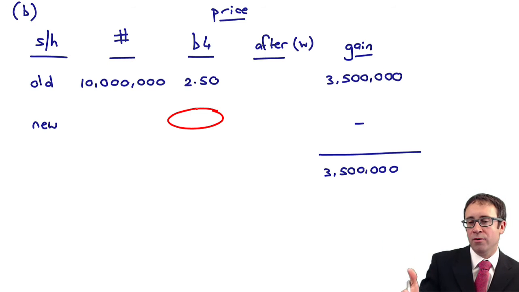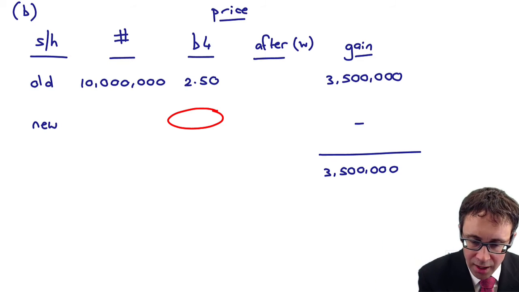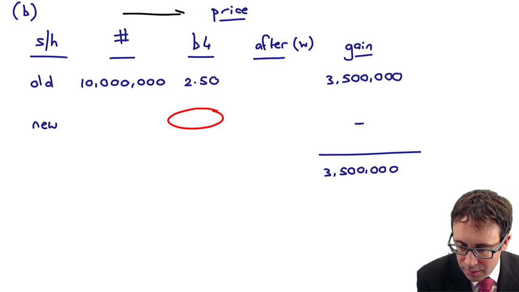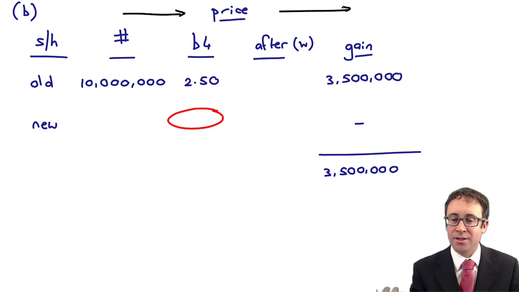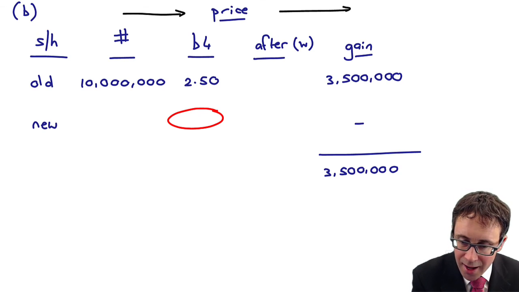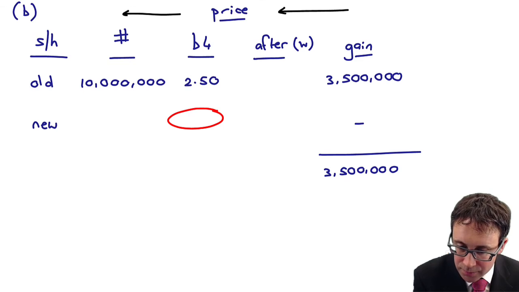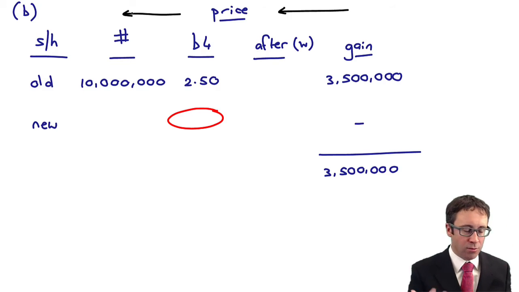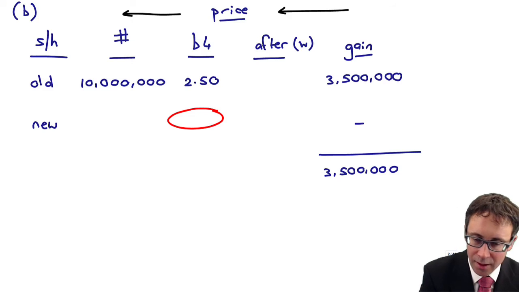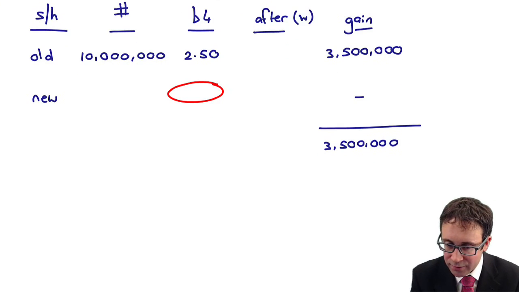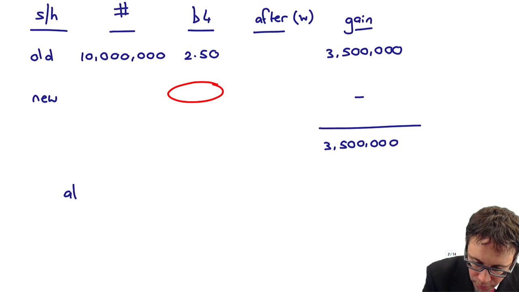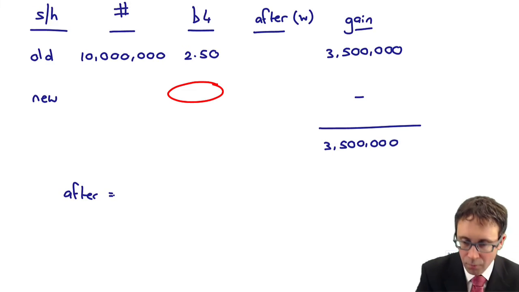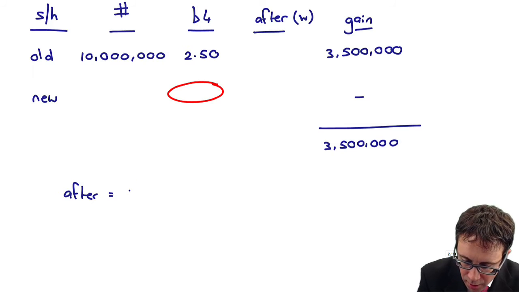Well, we have to work in reverse, because before we started here and worked our way over there to get the gain. Now, effectively, we're working backwards, by working out the gain and using that gain to work out the price after. Okay. So how do we work out the price after? Well, I think this is a bit more straightforward than what we had before, because we know that the old value is $2.50.